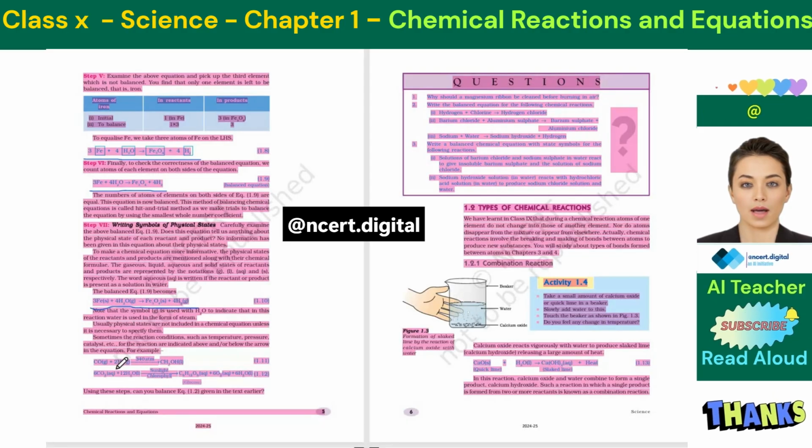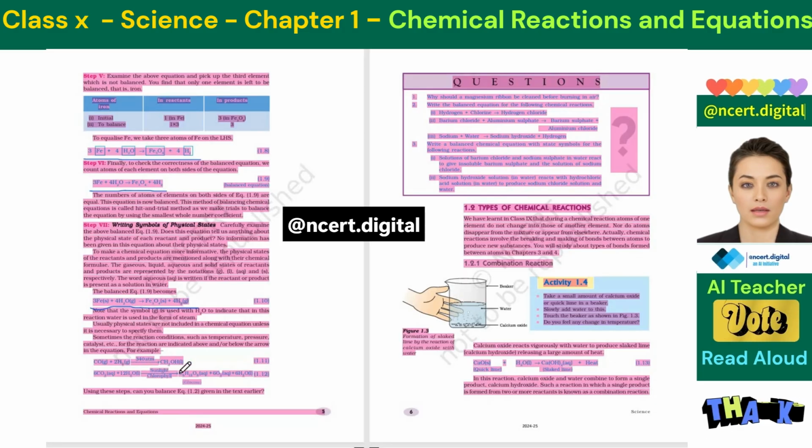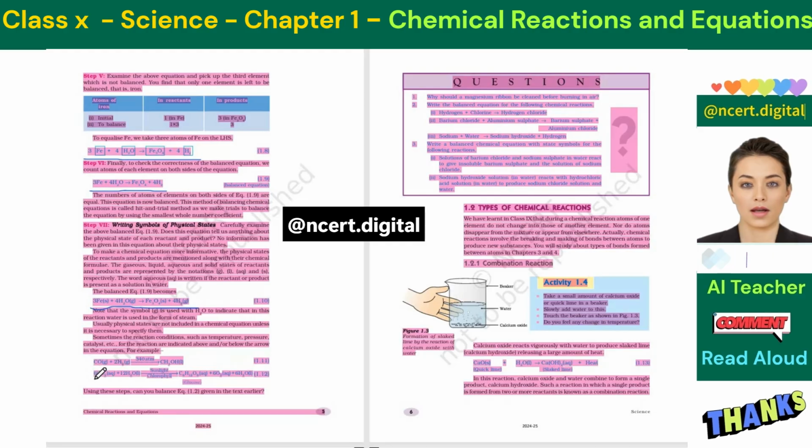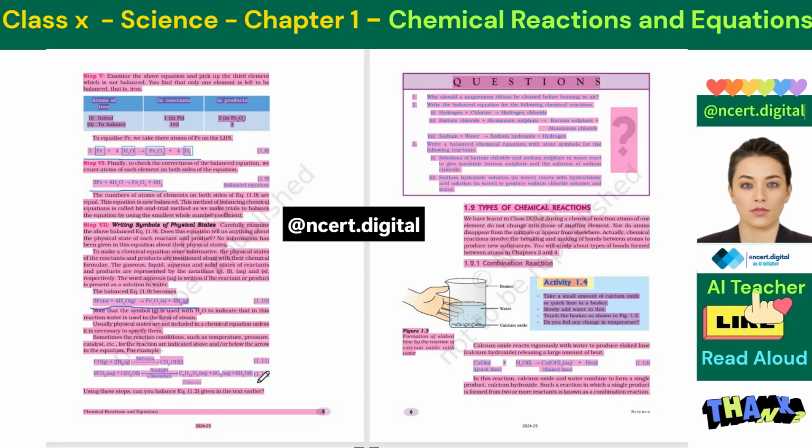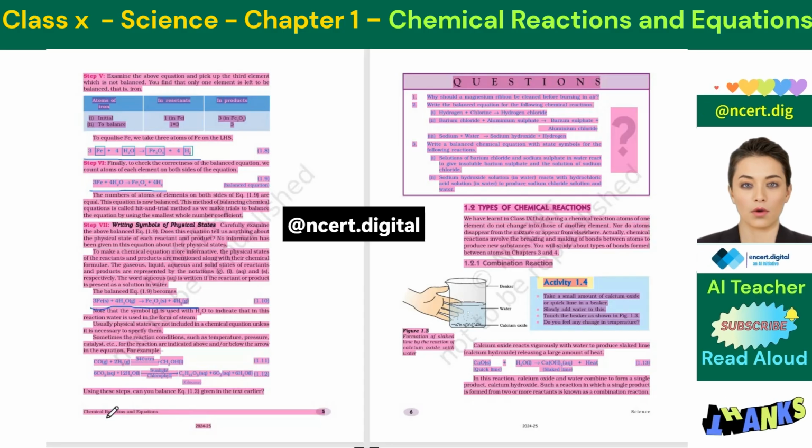For example, CO(g) + 2H2(g) → CH3OH(l) at 340 atm (1.11), and 6CO2(aq) + 12H2O(l) → C6H12O6(aq) + 6H2O(l) + 6O2(aq) in sunlight with chlorophyll, glucose (1.12). Using these steps, can you balance equation 1.2 given in the text earlier?